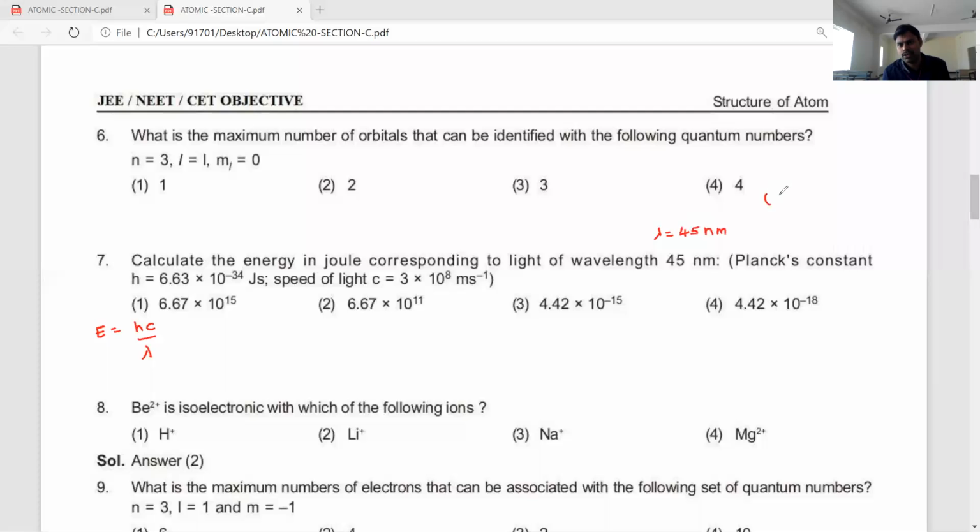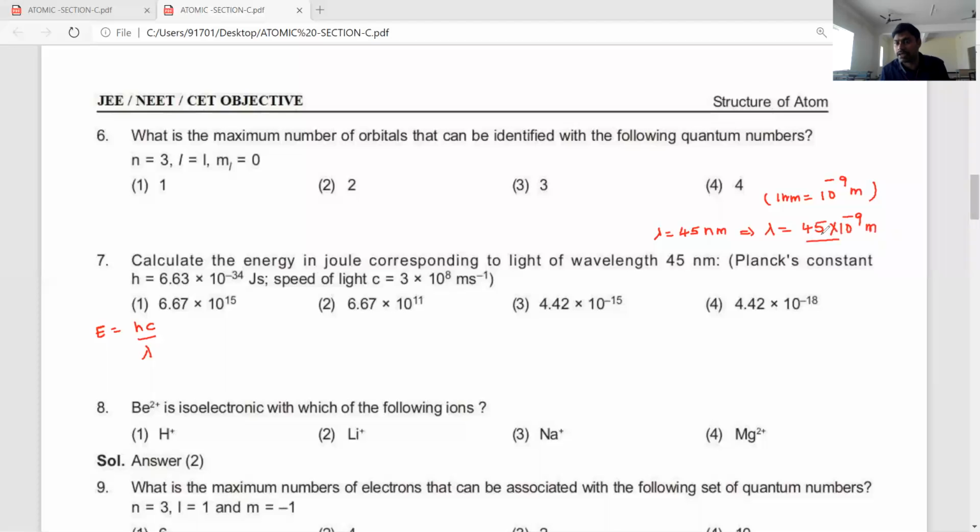And we know that 1 nanometer is equal to how many meters? 1 nanometer is equal to 10 to the power of minus 9 meters. Then its wavelength lambda is equal to 45 into 10 to the power of minus 9 meters.